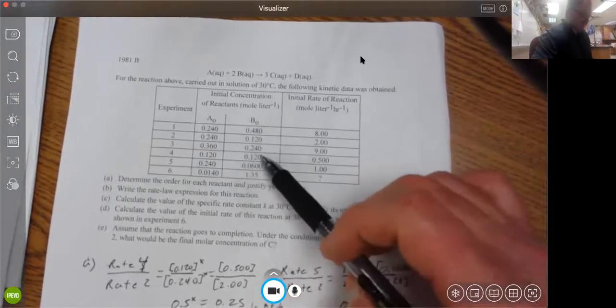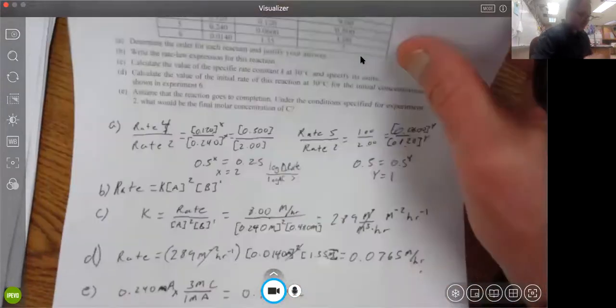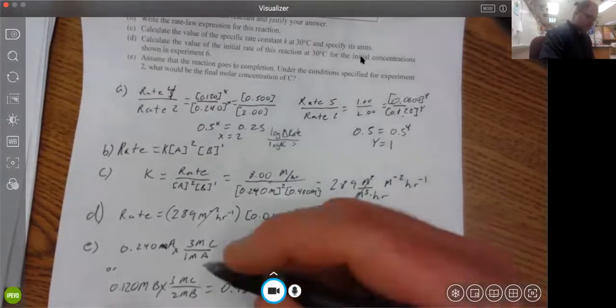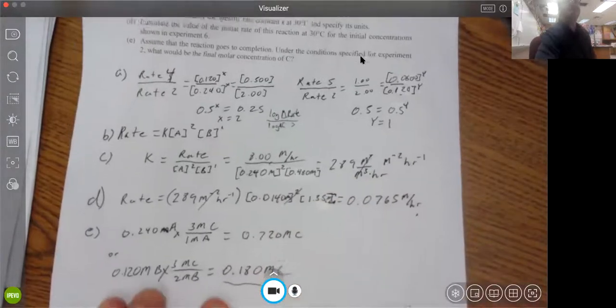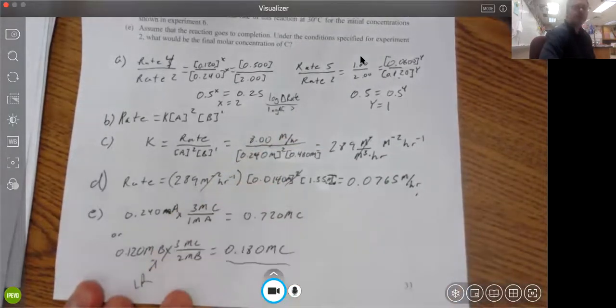You might be able to see in your head immediately that B is going to be the limiting reagent because it takes 2 for every 3 versus 1 for every 3, and you have less B. So that might be something you can do quickly in your head. Out of these two, which one is the correct one? It's going to be the one that makes the least, because this was the limiting reagent.